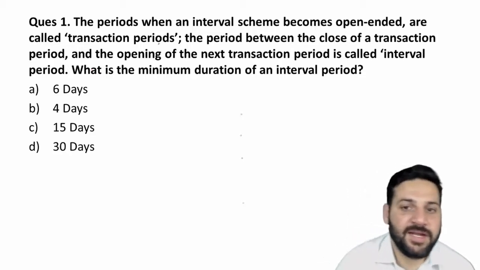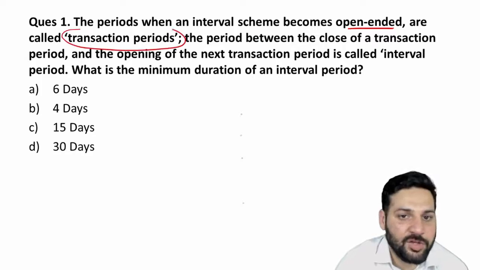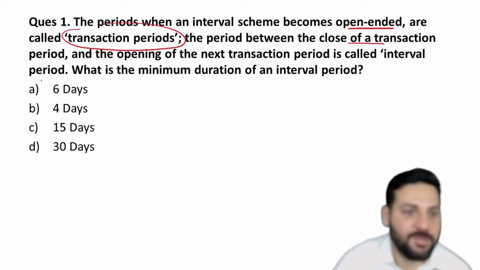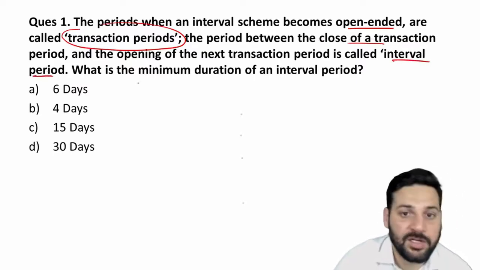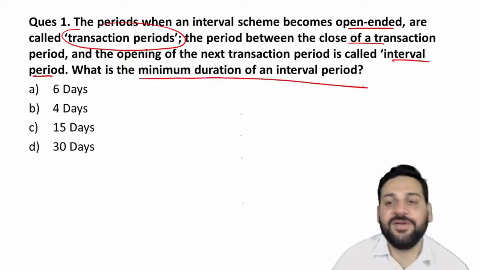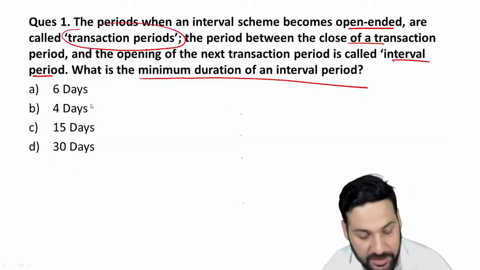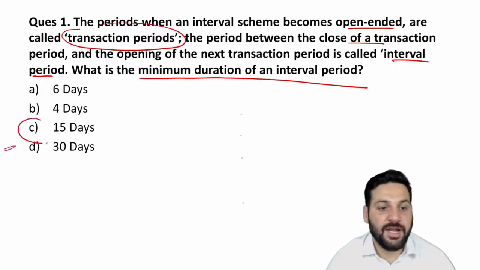So the period when an interval scheme becomes open-ended are called transaction period. So the period between the close of a transaction period and the opening of next transaction period is called interval period. What is the minimum duration of an interval period? I already told you it is 15 days. 2 days for transaction period and 15 days for interval period.